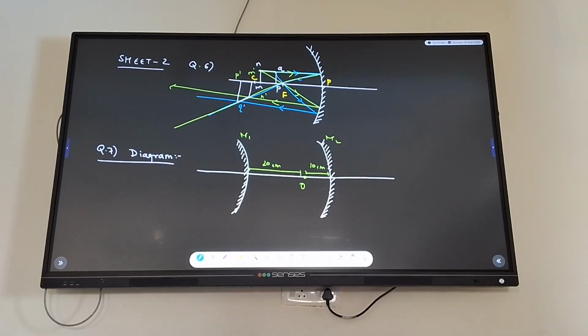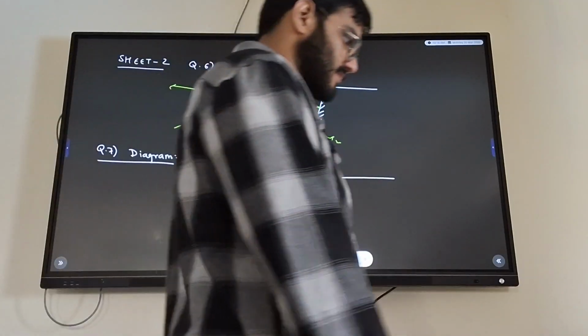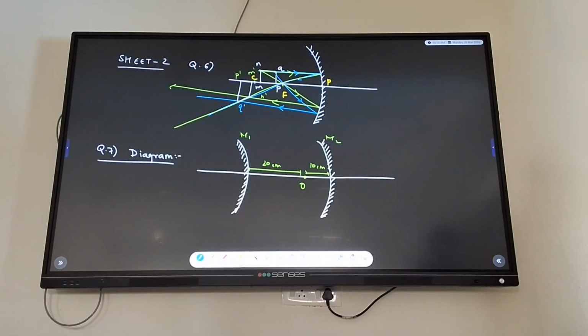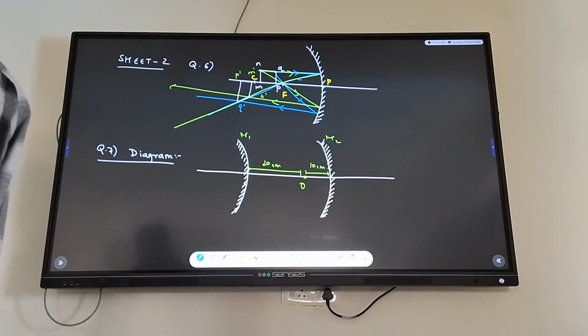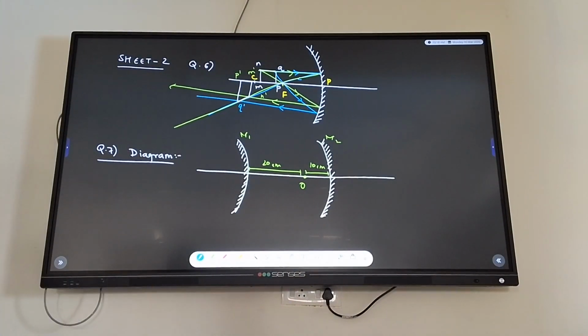Any answers? Sir, with respect to what should we find the M2? You have to find the image distance with respect to M2.